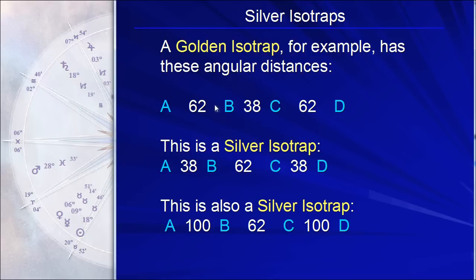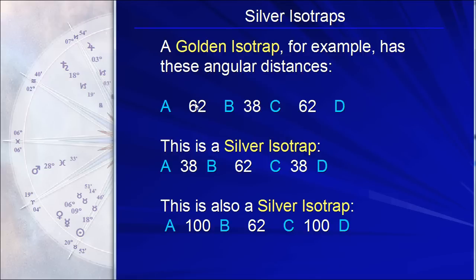To have a golden isotrap, B must be at the second of those 2 possible golden mean midpoints. It's what we call the GM6, 6 meaning the 0.62, or more precisely 0.618, and this more precisely is 0.382.